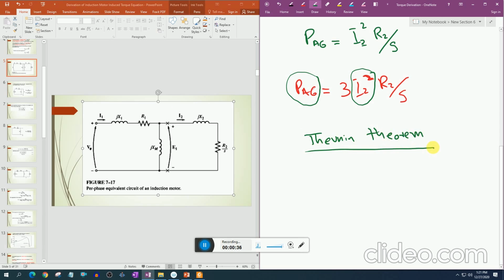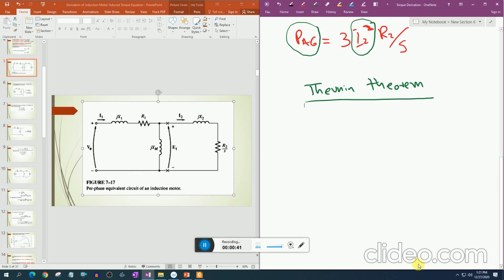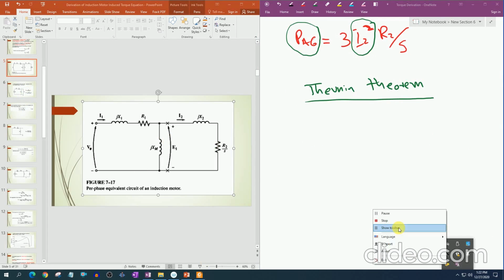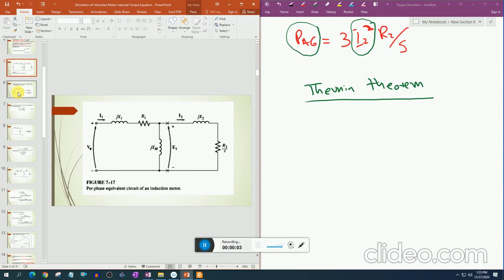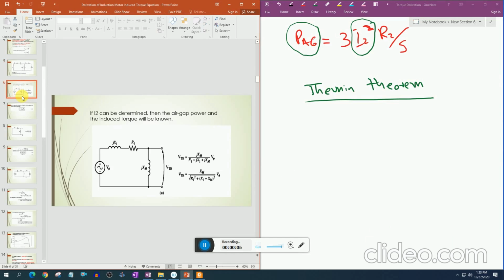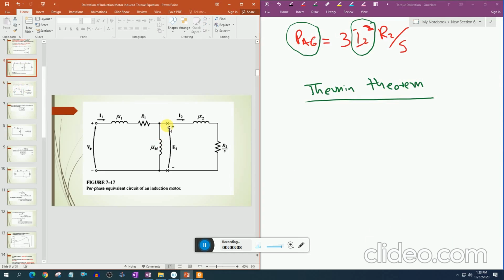I hope you all know about the Thevenin theorem and how to apply it. For the Thevenin theorem, first V Thevenin has to be calculated at this point and X Thevenin at this point, and then make a circuit of V Thevenin, X Thevenin and this resistance in series, and then calculate I2.